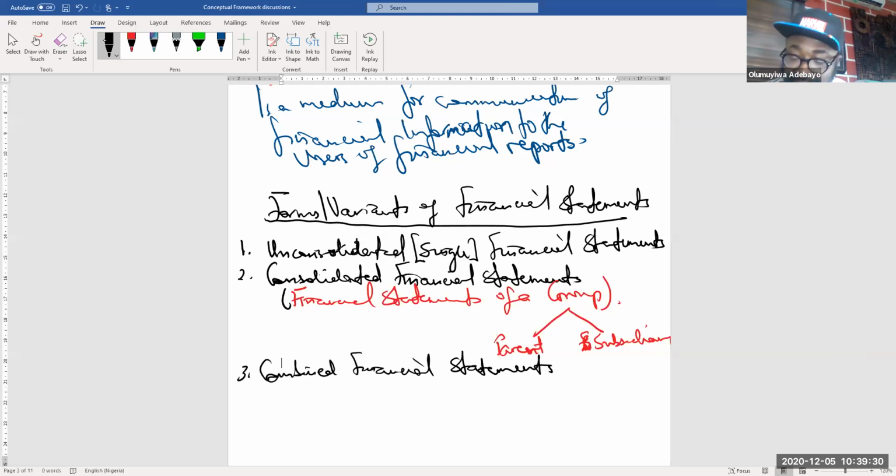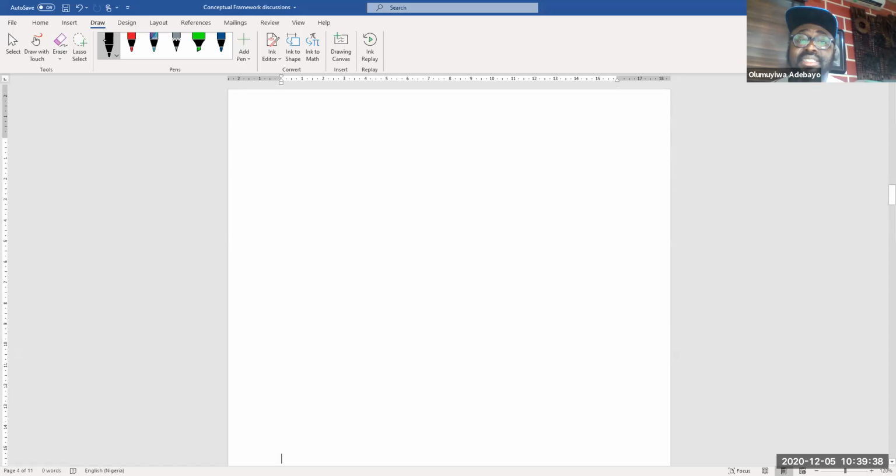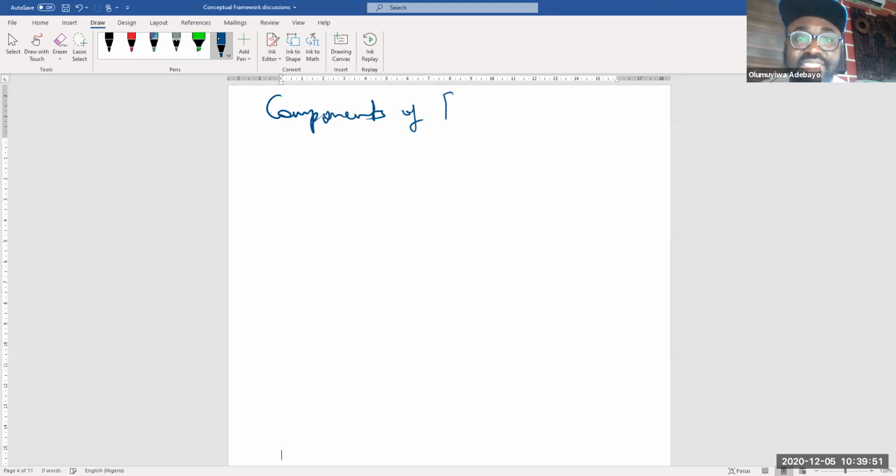Now, but financial statement itself, regardless of whether it is consolidated, whether it is unconsolidated, or whether it is combined, they all have 5 components, which means we'll talk about components of financial statements.